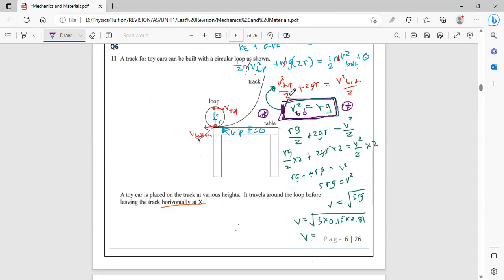R is given, g is known. So now we're able to find v from this equation. Then you rearrange the equation, make v the subject, substitute values and get the answer. So finally v becomes square root of 5rg.